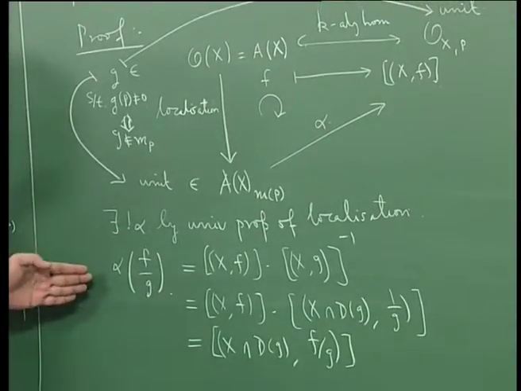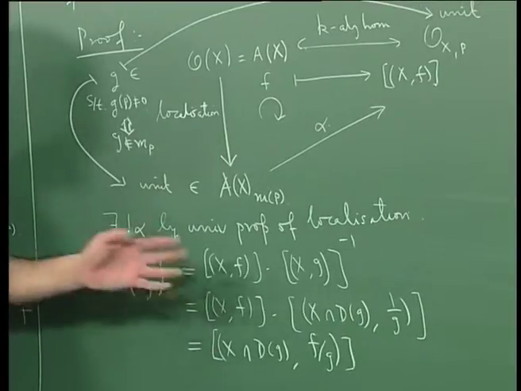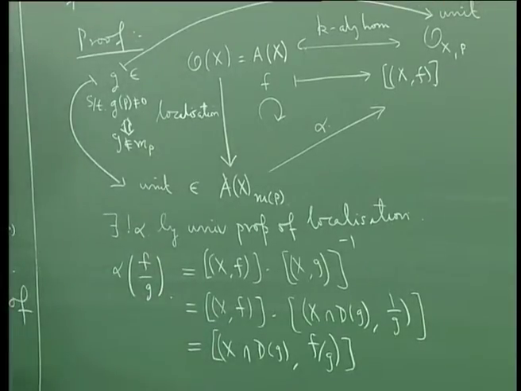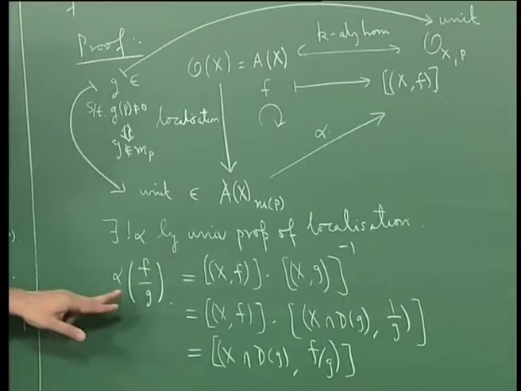Now you can see very easily that this map is both injective and surjective. Why is it injective?